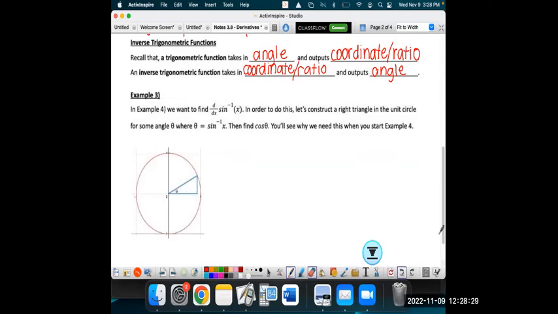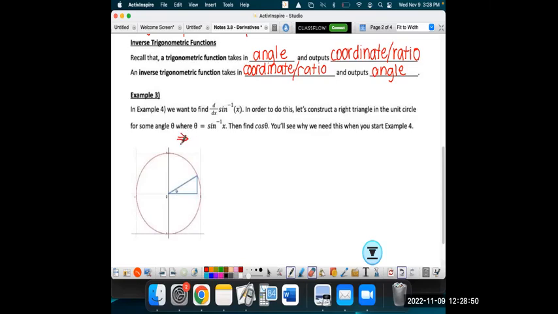So here it says, in order to do this, let's construct a right triangle in the unit circle for some angle theta, where theta equals sine inverse of x. Well, in this triangle, I want to label the sides. So I want to figure out what sine of theta is.